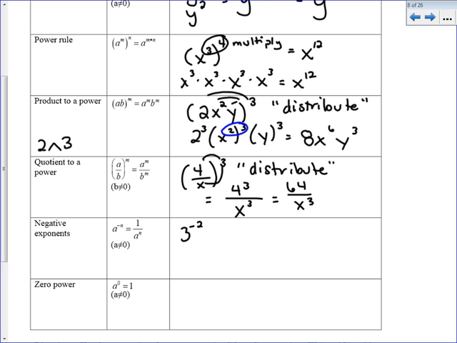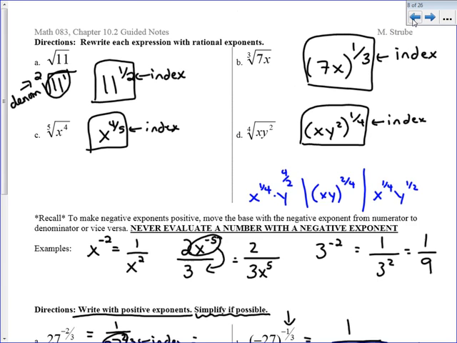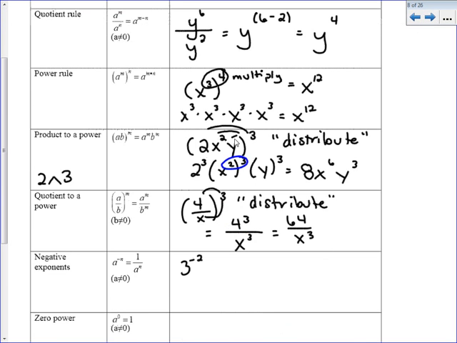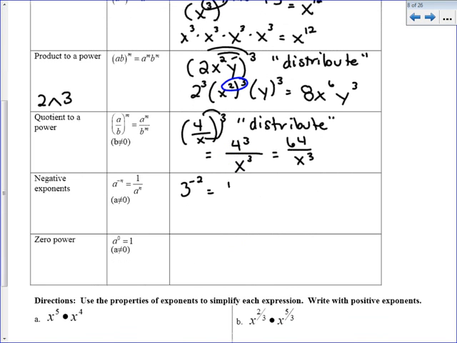Put a 1 on top. So this goes back, if you just flip back a page in your notes actually, we had negative exponents on some of these problems. And to make those negative exponents positive, all we did was go 1 over our base now with a positive exponent.